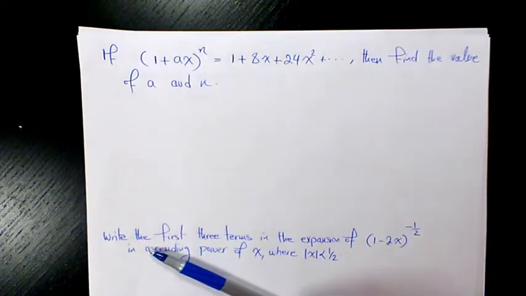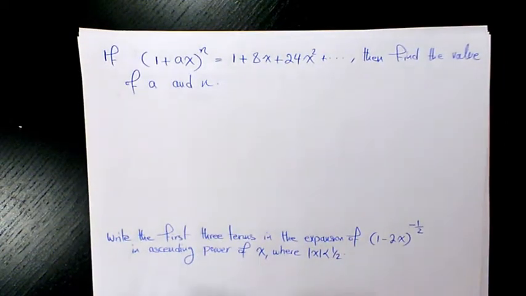This example says, if (1 plus ax) to the power of n equals 1 plus 8x plus 24x squared plus the rest of the terms, then find the value of a and n.